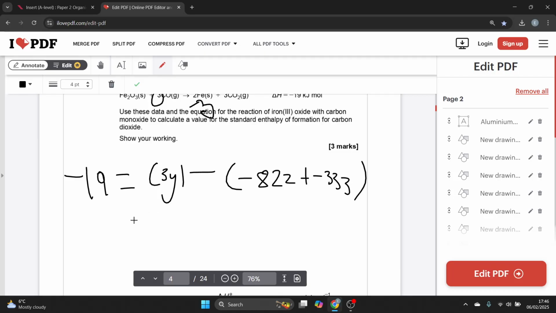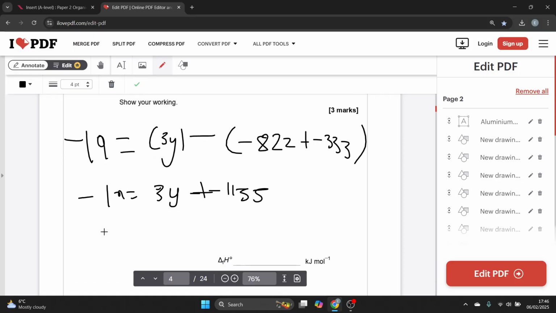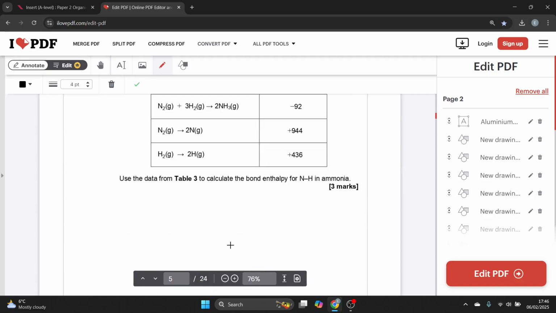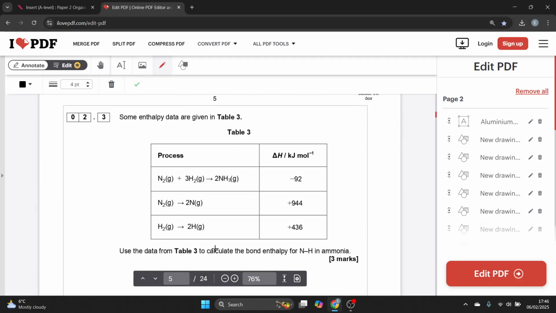So what I'd get is minus 19 equals 3y minus 1155, and that's basically adding it, and then I subtract on this hand side, so I get 3y equals minus 19 minus 1155 minus 1174, and then I get y as my answer divided by 3, which is minus 391 kilojoules per mole.